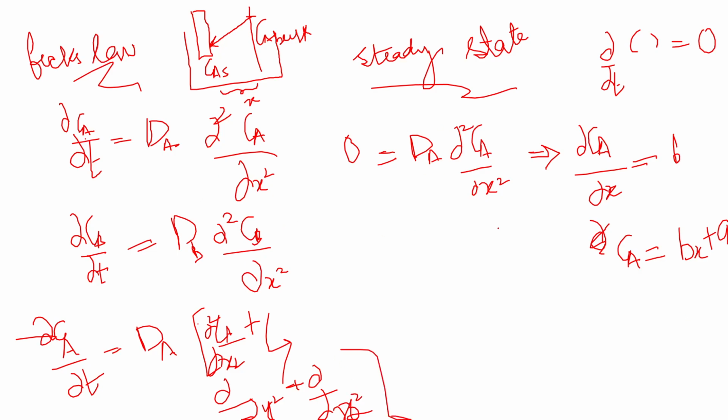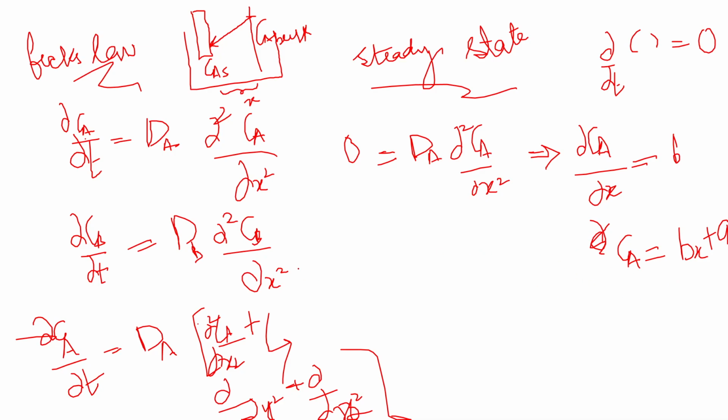Now we're talking about the steady state. Steady state in the sense it doesn't vary across the time, and DA dou square CA by dou x square equal to 0. Then I differentiate it once, a constant comes, and CA equal to a plus bx.